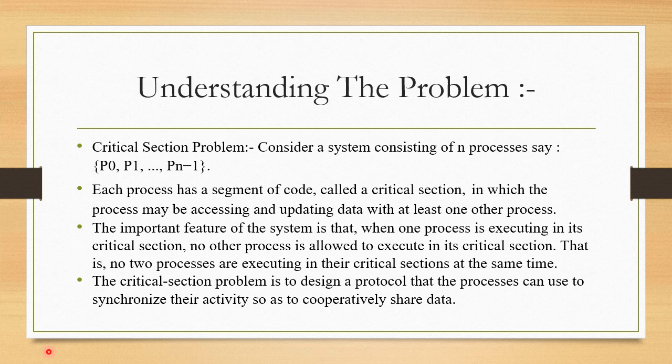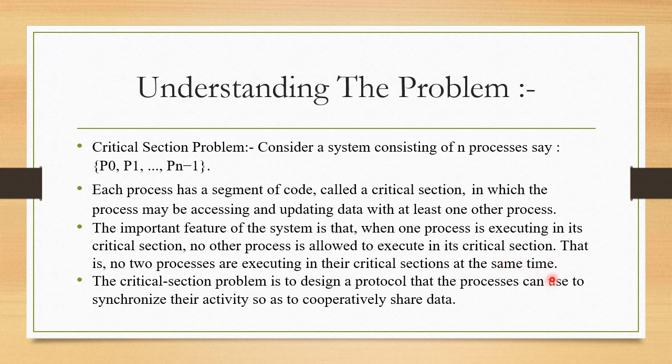Now, the important feature of the system is that when one process is executing in its critical section, no other process is allowed to execute in its critical section. That is, no two processes are executing in their critical sections at the same time.